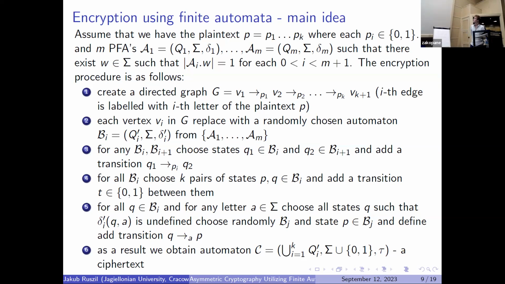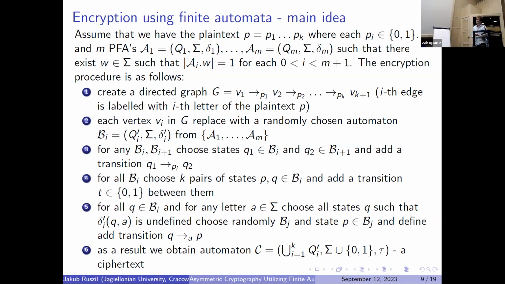And we are using those M PFAs to encrypt and that W to decrypt.